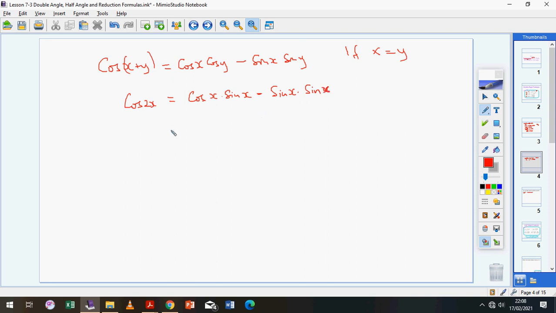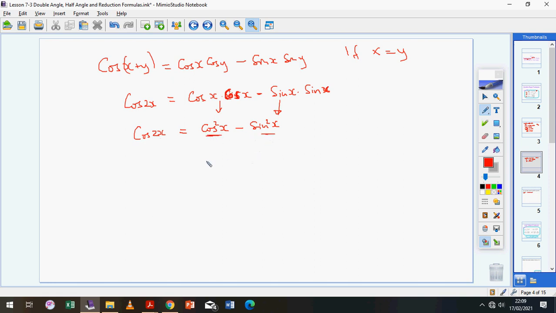So you end up with cosine squared x minus sine squared x, because cosine times cosine is cosine squared, and sine times sine is sine squared x. Now the reason why the double angle formula for cosine can be written in three different ways is because I can express the cosine as sine, and I can express the sine as cosine.